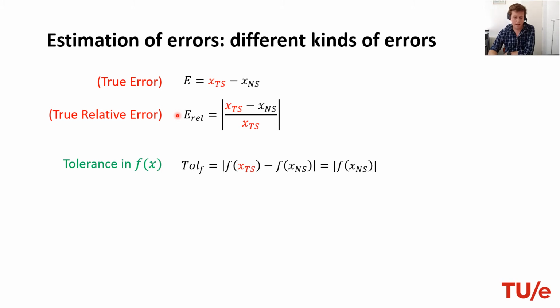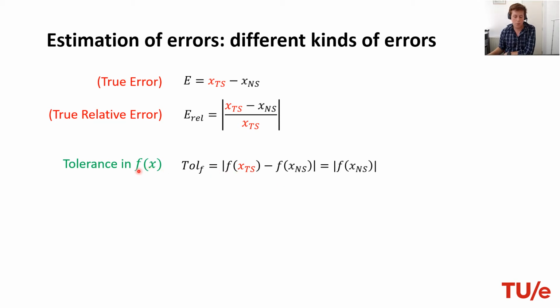For instance, we can take a look at a tolerance in the function f of x. Recall that we want to solve the problem f of x is equal to 0. So we can check whether f evaluated at the true solution and f evaluated at our approximate solution is small enough, because that is an indication that x of the numerical solution would be close to x at the true solution.